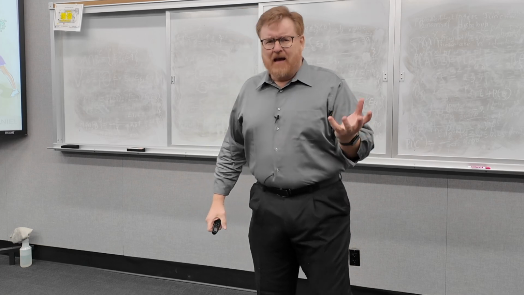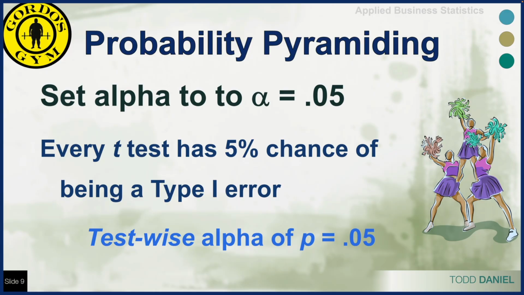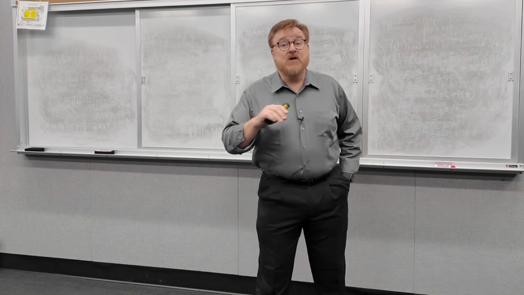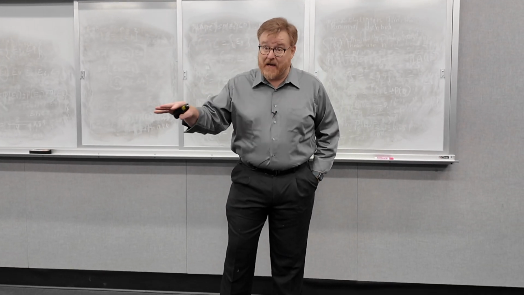Turn that around. You start running multiple t-tests. Every t-test has a 5% chance of being a type 1 error. By running multiple t-tests on the same data, like comparing A and B, and then B and C, and then C and A, you don't keep your alpha level at 0.05.